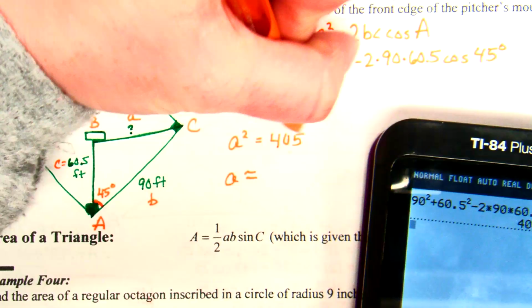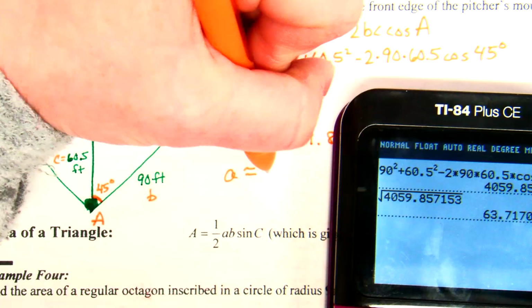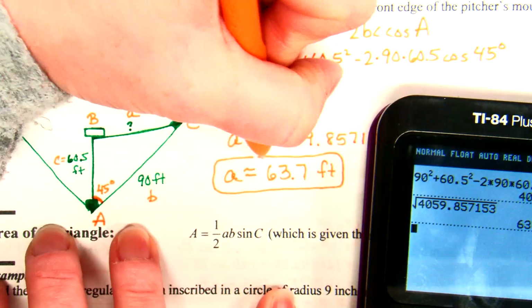But then I still have to do the square root, right? So when I do the square root, I end up with A is approximately 63.7 feet.